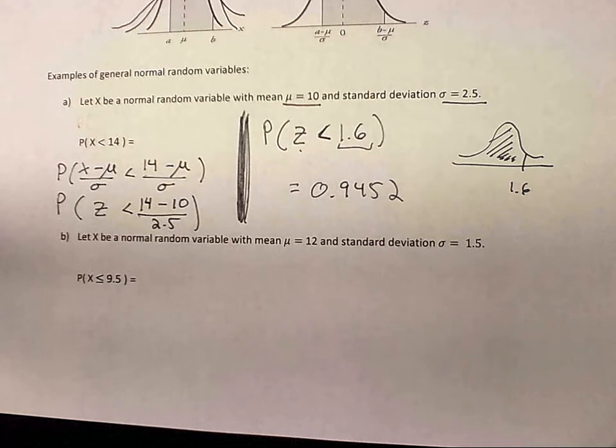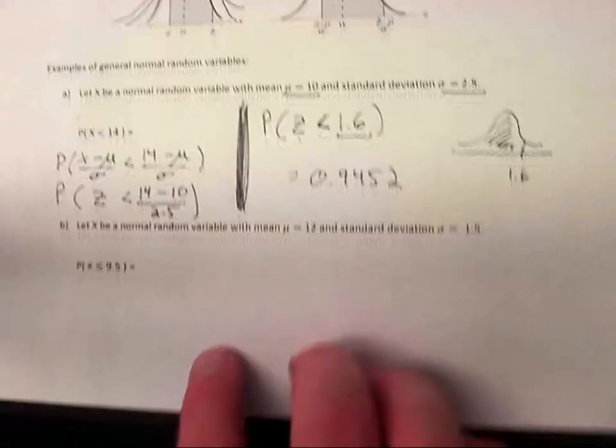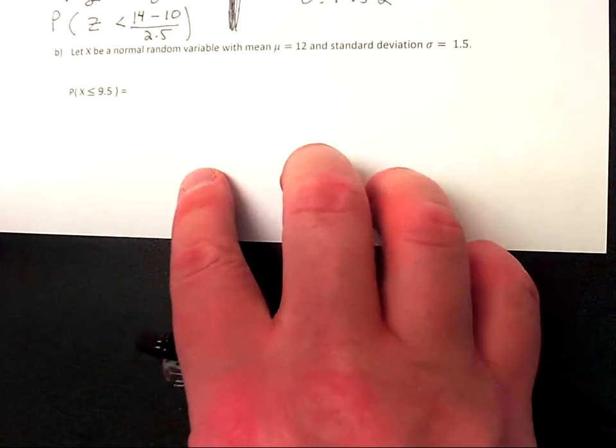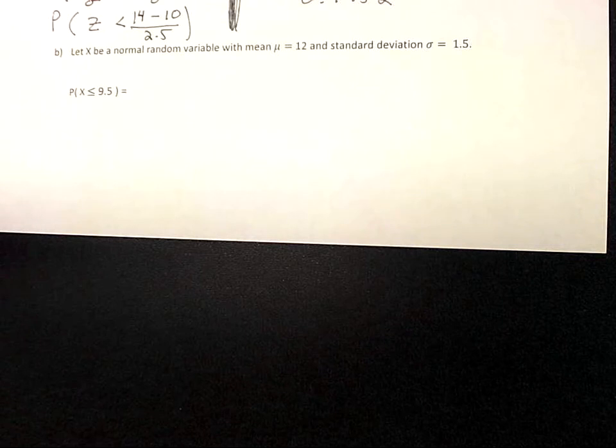So therefore, now we have to first convert this to a z. Once we do this arithmetic, we end up with z is less than 1.6, and now we're just right back to what we've been doing all along. So the only new wrinkle that we're adding in is that this is an x and not a z. Everybody good with that?